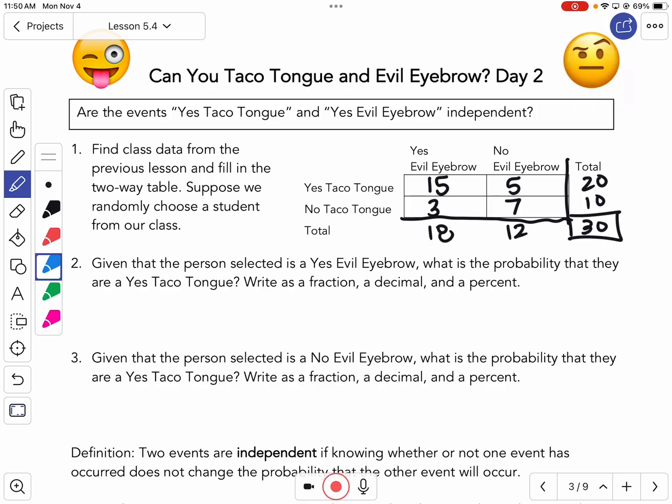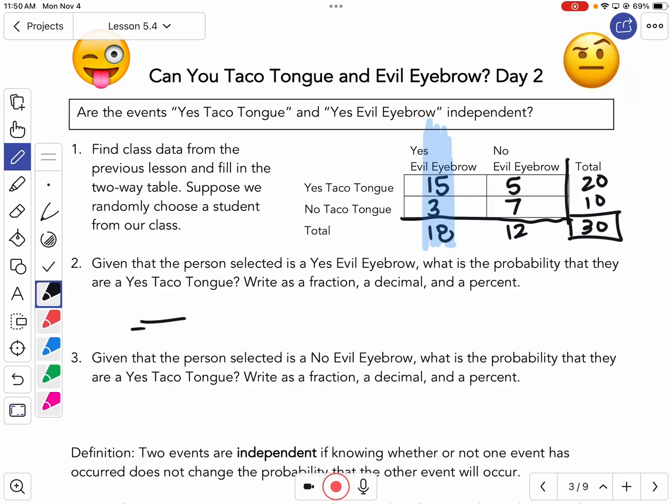Does that mean that I'm going to consider all 30 students? No, I'm only going to consider the students that are part of the evil eyebrow. How many total students are part of the evil eyebrow? 18. So that gives me 18.